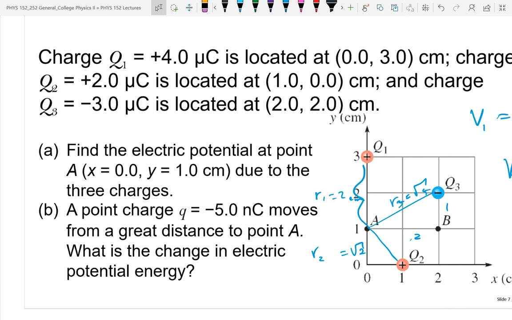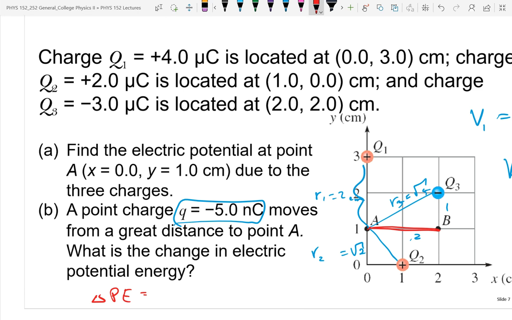And then it says a point charge of this size moves from A to B. And it says, what's its change in electric potential energy? Now that's a little more complicated. It has another word in there, energy. How would I find the change in electric potential energy going from point A to point B? We just had an equation.